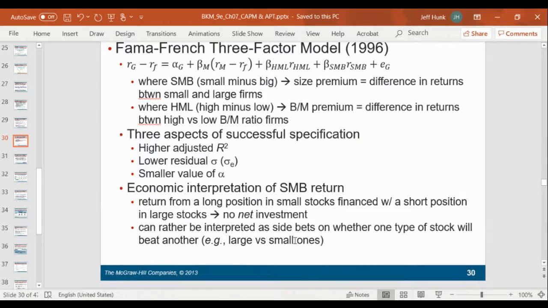If you short sell large stocks, and with the proceeds you invest in small cap stocks, this is a kind of arbitrage strategy. Arbitrage meaning you don't use any of your money. There's no net investment.